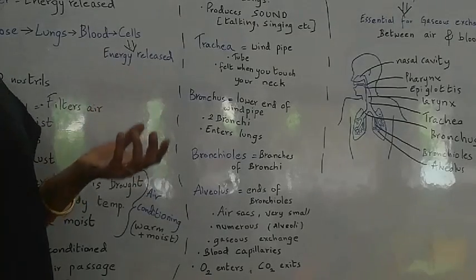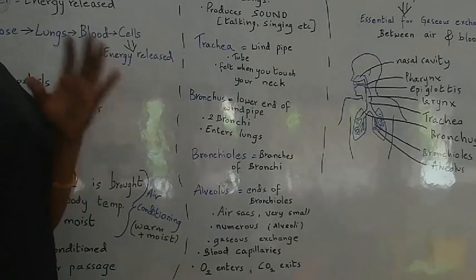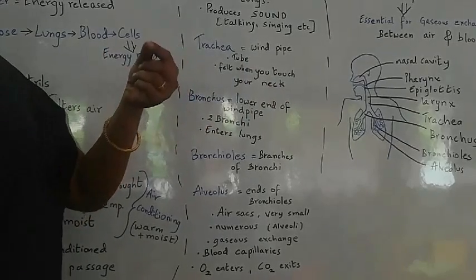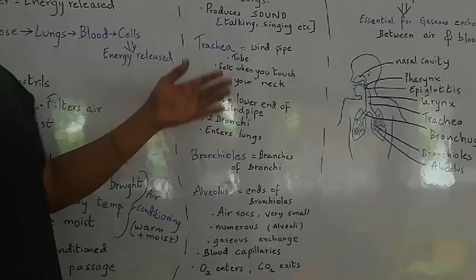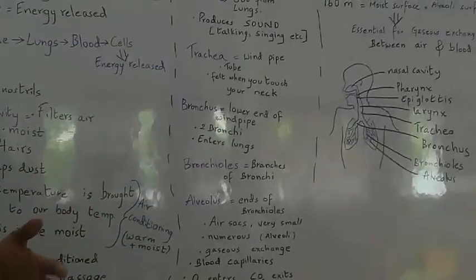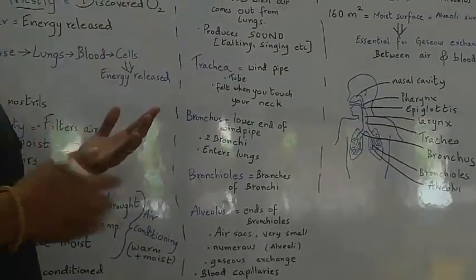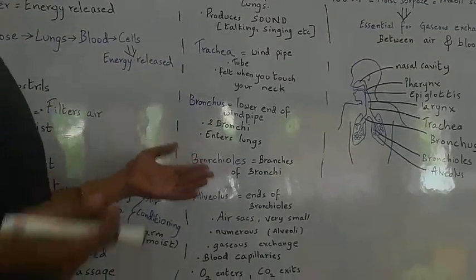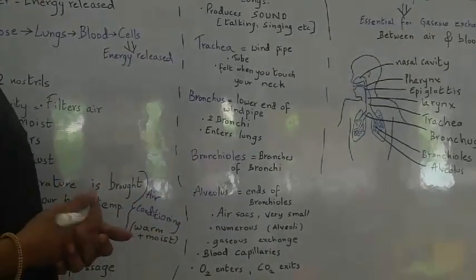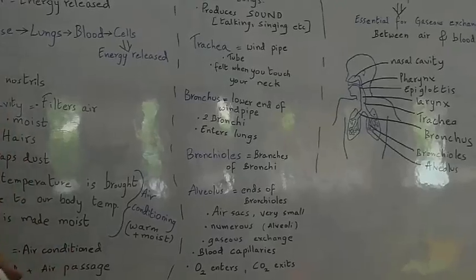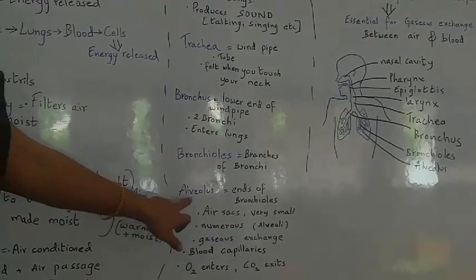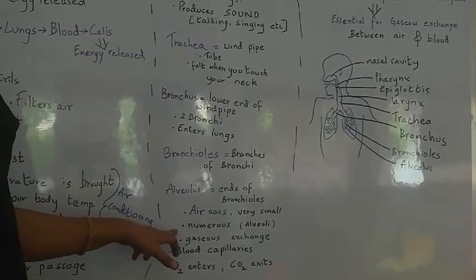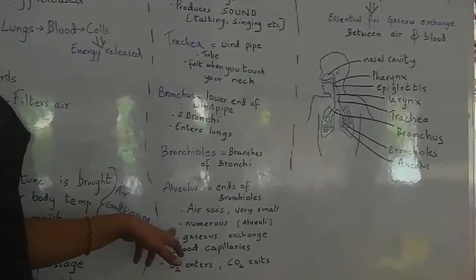Fruits called grapes are seen as bunches. Just like that, our alveoli are present attached to those bronchioles. The air we breathe enters the air sacs through these tiny branches, right? Now, alveoli are very small in size and they are numerous, many in number, millions, so many millions.